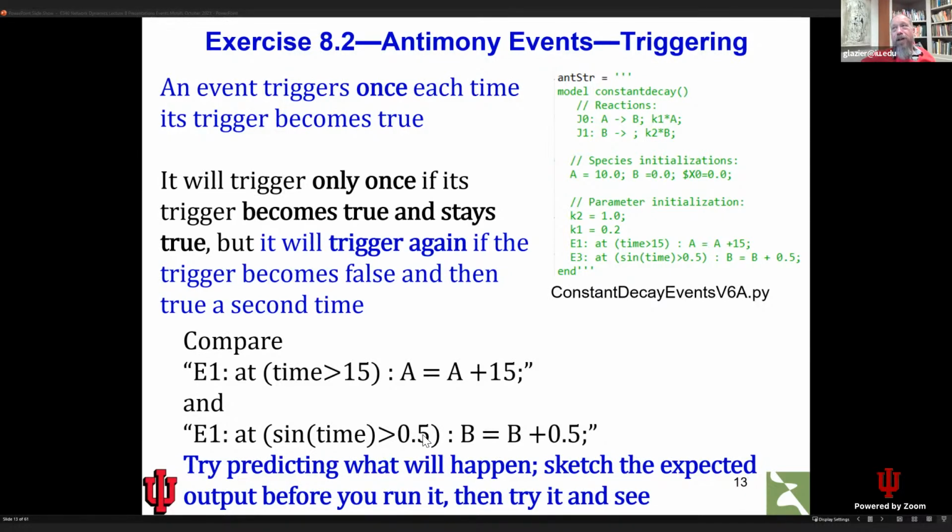So why don't people try a sine of time or mod of time like William's and see if you can get repeated triggering. Is it clear what to try? Everybody, Ibrahim and Pedro and Alex, were you able to get the basic simulation to work?